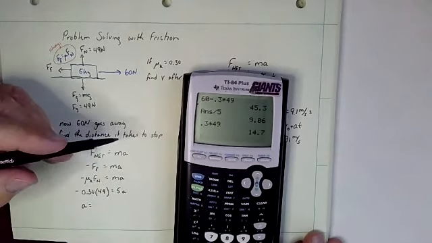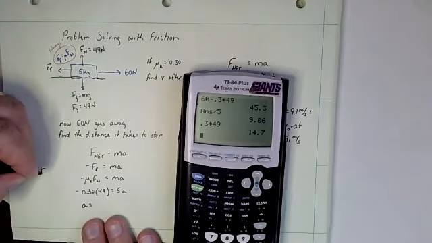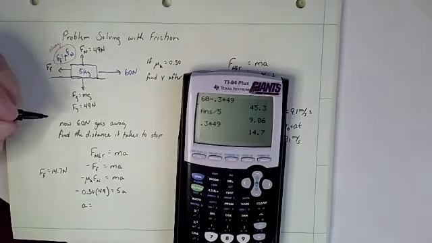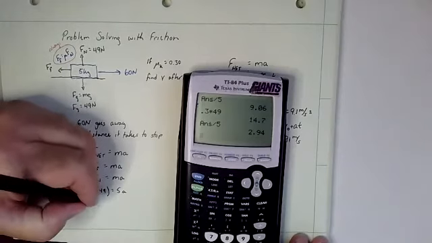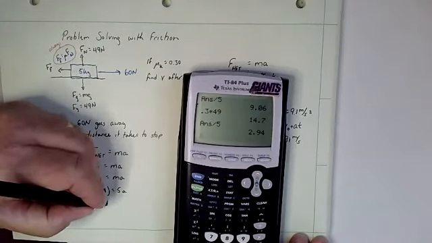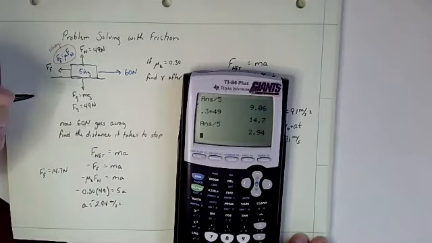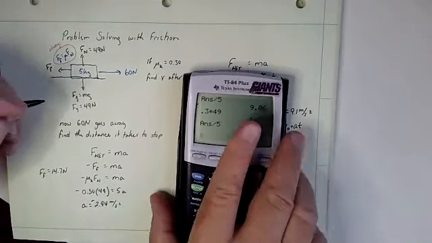So that is your force of friction. And then I'm going to divide that by 5. And I get 2.94 meters per second squared, but not quite yet until I put the minus sign in, right? So it's going to be slowing down.